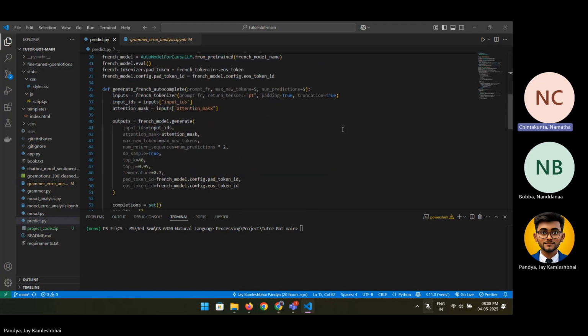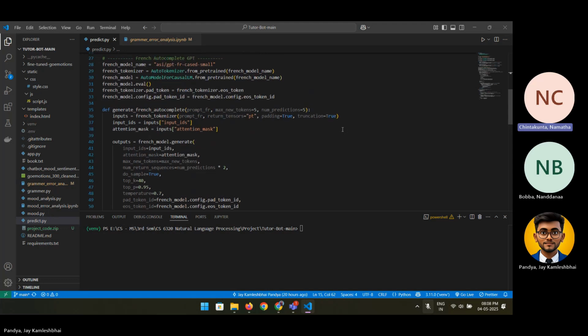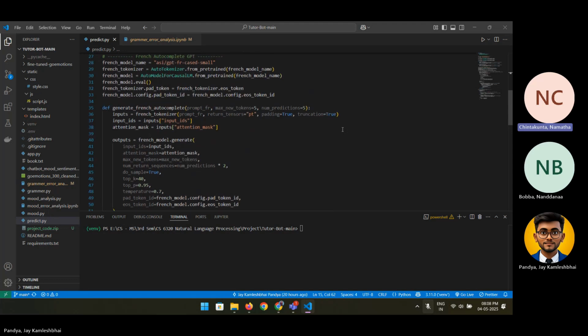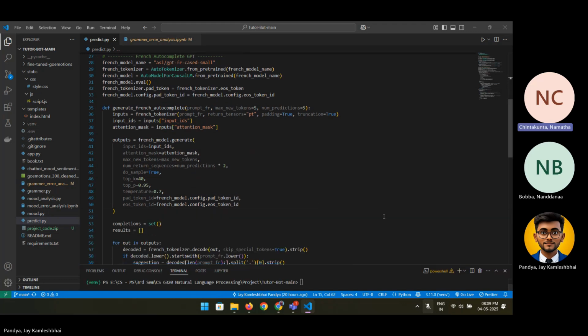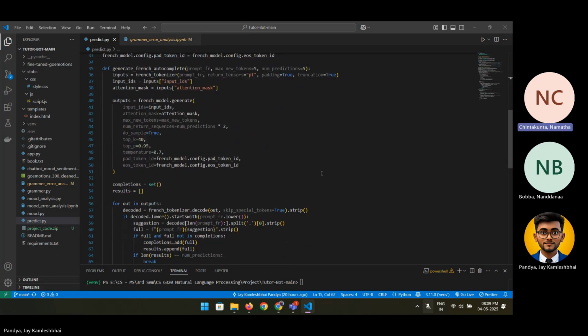GPT-2 variant. We use GPT-2 specifically because it is fast, although the model is small, and it is mainly trained on French. It mainly uses a causal language model, and it predicts next tokens using autoregressive decoding.